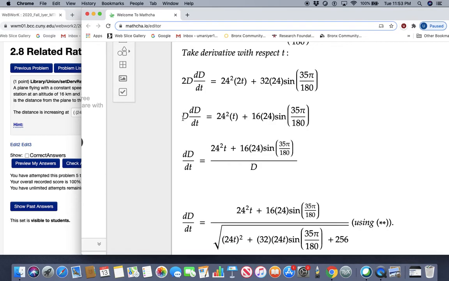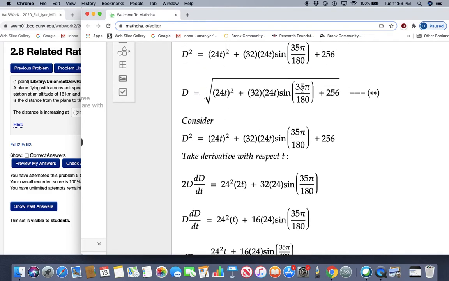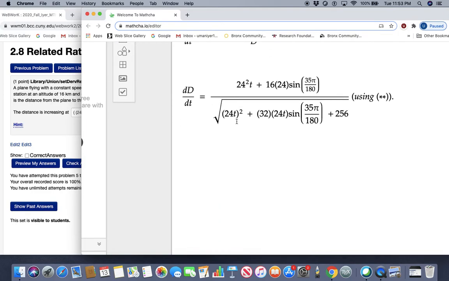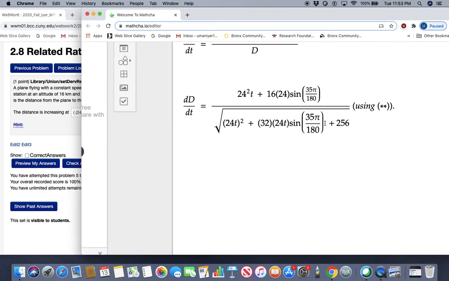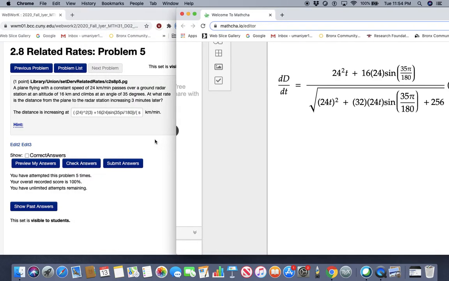Now I can divide by D to find dD/dt. D, remember we had solved for D. That goes in the denominator. So the question is what is dD/dt when t is 3 minutes?